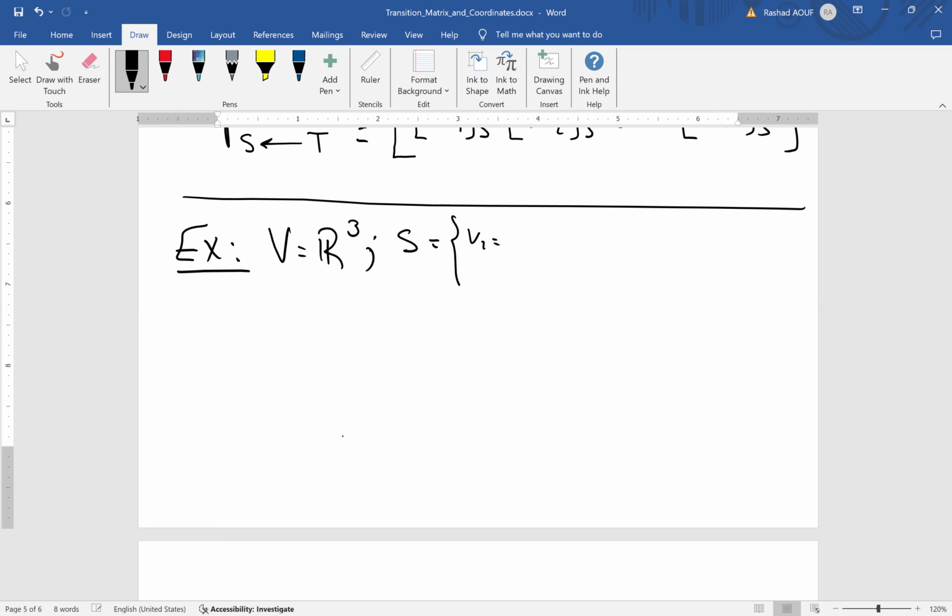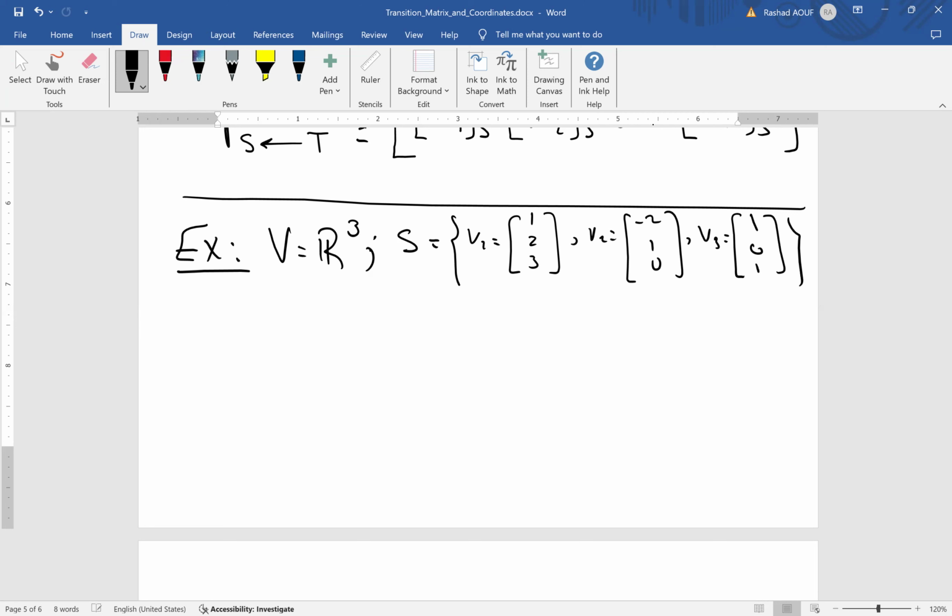V1 equal نعطي ال values 1 2 3. V2 equal -2 1 0 and V3 equal 1 0 1.